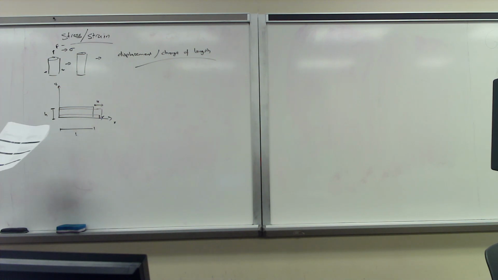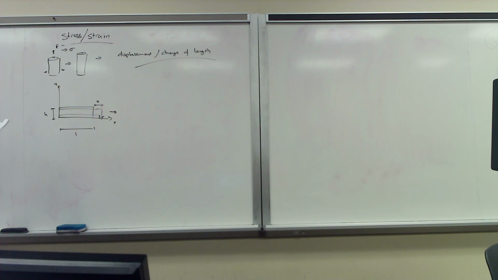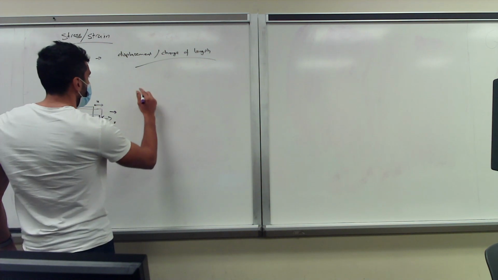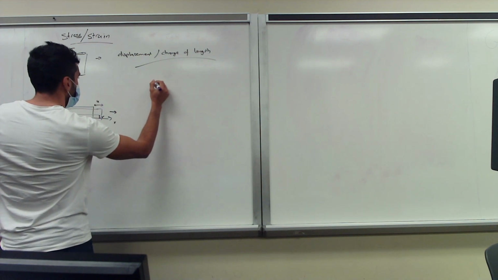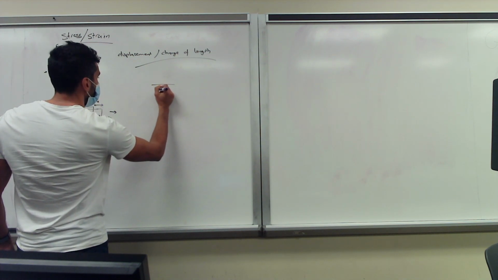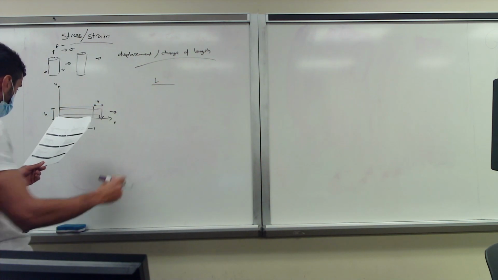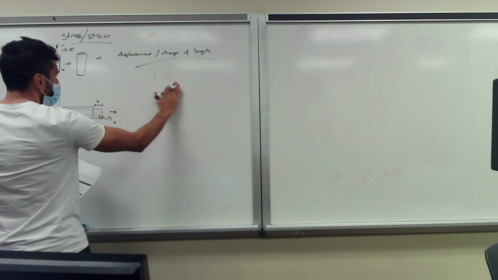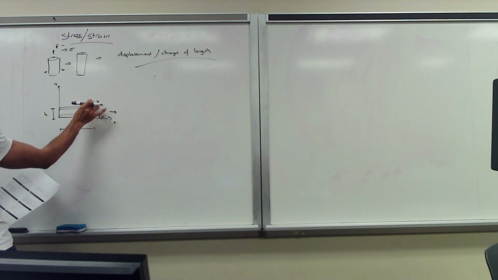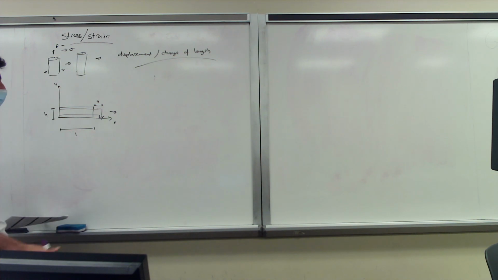So what can we see if we had a force in X and a displacement in X? So what do we get? If we look at the change in length, we look at U. The additional change of length is the additional length divided by the original size, basically the percentage of increase.